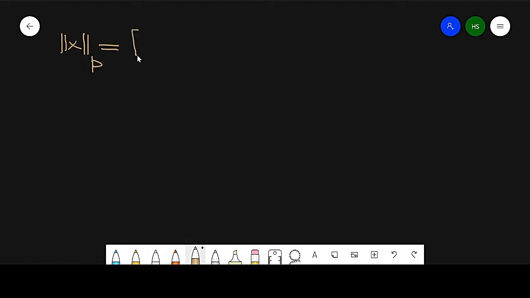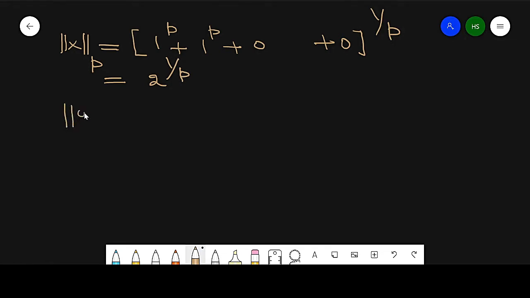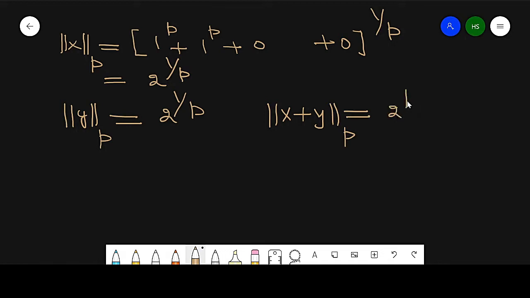This is the bracket 1 raised to power p plus 1 raised to power p plus 0, 0, 0, all raised to power 1 by p.